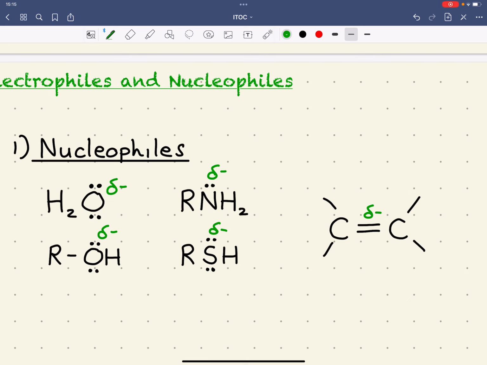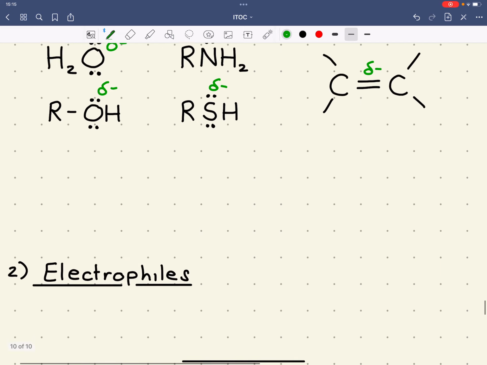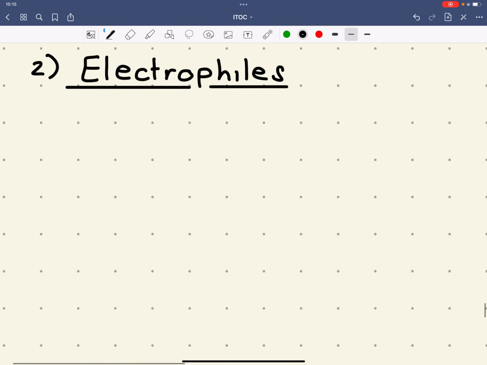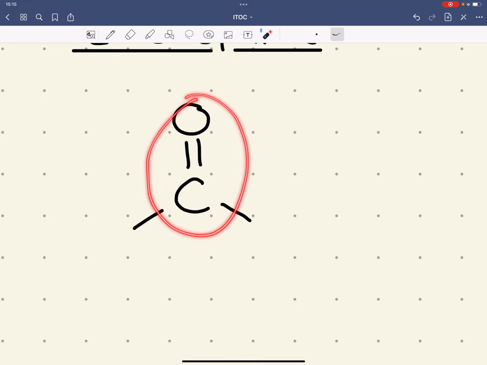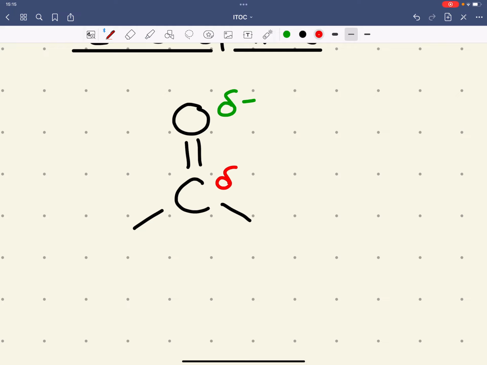And there are many examples of these, so let's have a look at electrophiles. A common example would be a carbonyl carbon. Because you've got a polar bond here, where the oxygen is delta minus and the carbon is delta plus, we've got what we call an electrophilic centre here, because this carbon is delta positive as it's got a lower electronegativity than the oxygen.